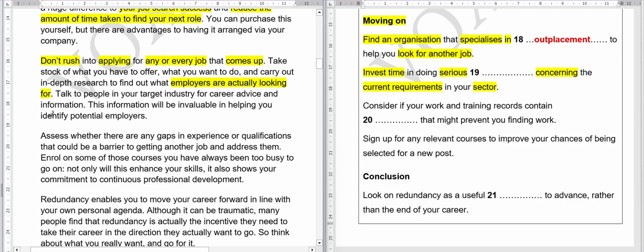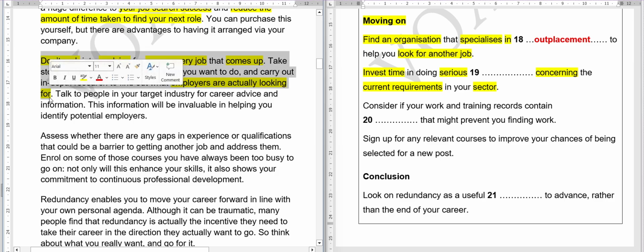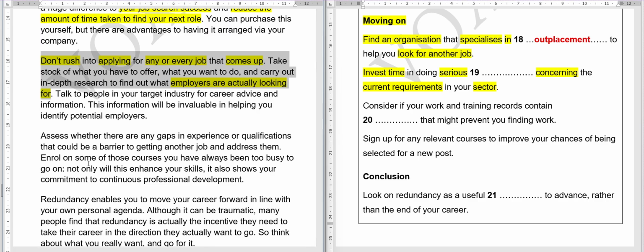Who are employers? People who employ people, basically your bosses, and what they are looking for in a candidate. So obviously this is our location, and again you have around 10 seconds to tell me the answer, and your time starts now.